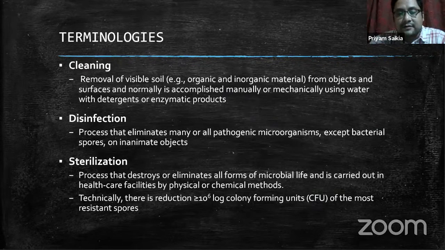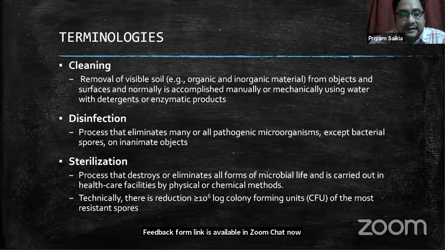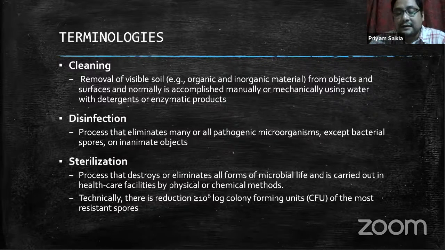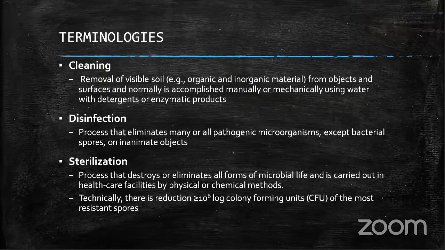And sterilization is the process that destroys or eliminates all forms of microbiological life, including bacterial spores. When we say sterilization, it simply means that there is a reduction of more than 10 to the power 6 log of colony forming units for the most resistant bacterial spores. That means if an instrument is sterilized, the chances of survival for bacterial spores is minimal.